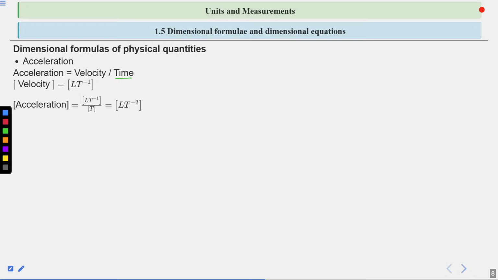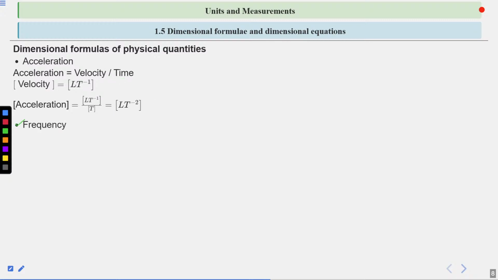So the dimensional formula of acceleration becomes [L T^-2]. Here in the denominator T power 1 and in the numerator T power minus 1, so it becomes T raised to the power minus 2. So this is the dimensional formula of acceleration.